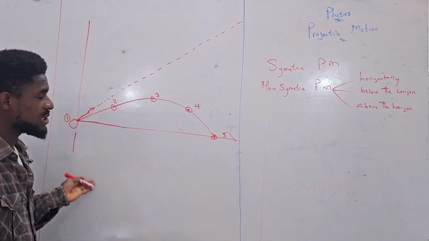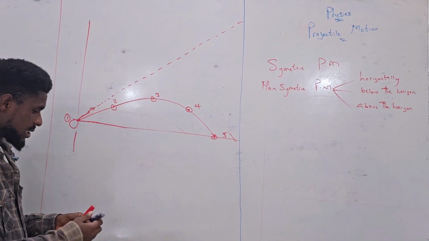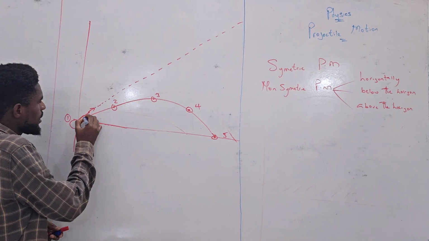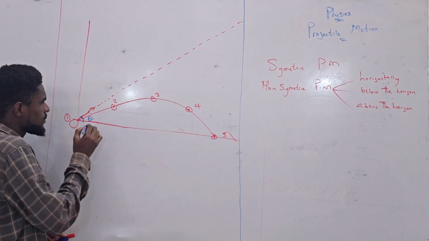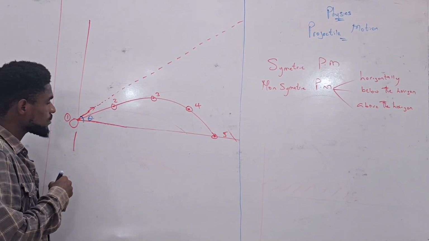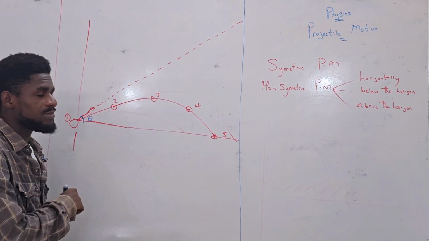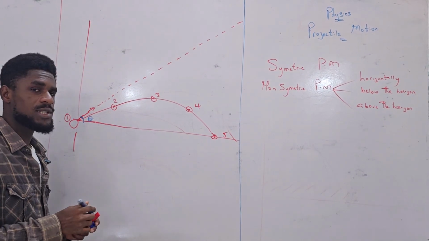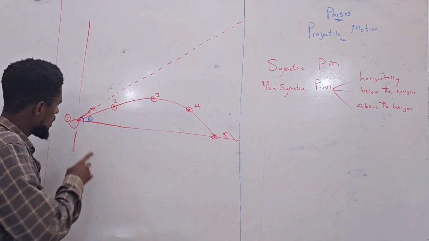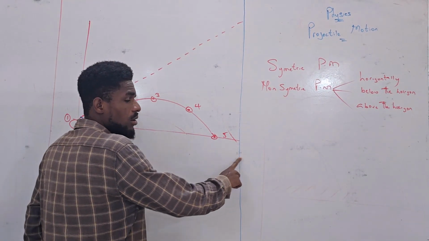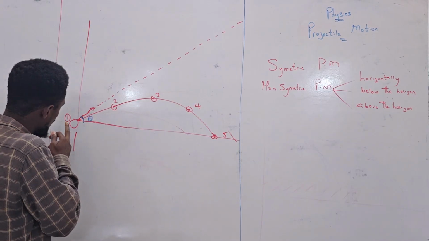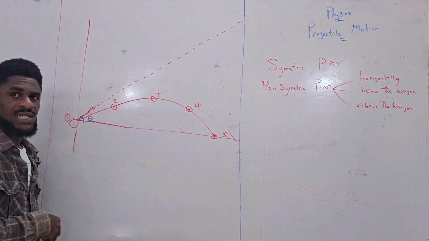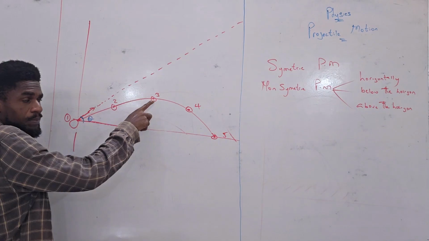Remember, if I throw an object at an angle, let's say this angle here is theta, what happens? My object is moving horizontally, and also moving vertically. How do I know? Follow the path.